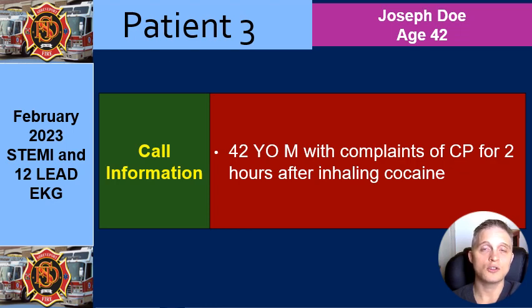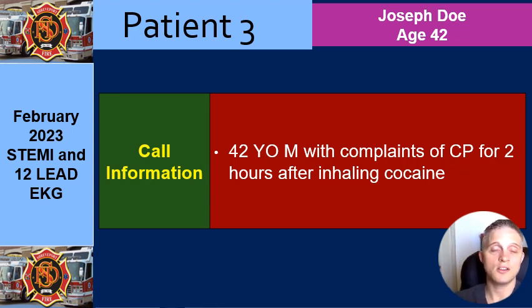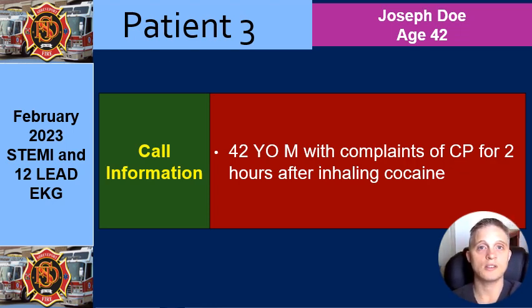Lyme disease is notorious for causing third-degree heart block if the tick is engorged and left on, and also it can cause paralysis for no reason. And so if you're concerned that you're going to a patient that's been hunting and now they're having shortness of breath and they have this rash that looks like a target on their body, look for a tick. That's a good way of determining it. I know that's a little extra, but that's why the exposure is important with that kind of a patient.